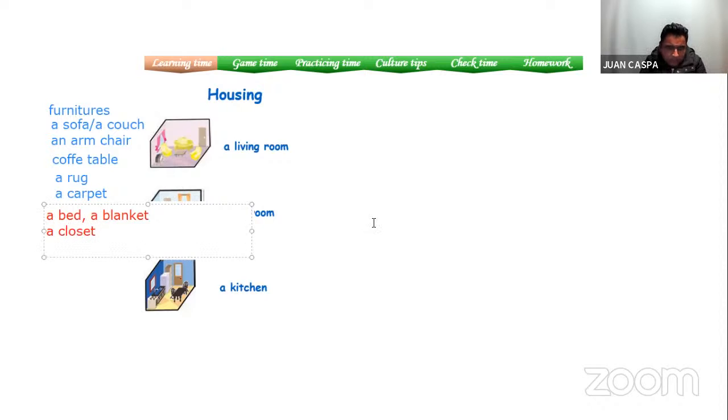Probably for girls can be a dresser. A dresser is where they dress their hair, right? With makeup or something like that. And what else in a bedroom? In a bedroom, we can have many things.